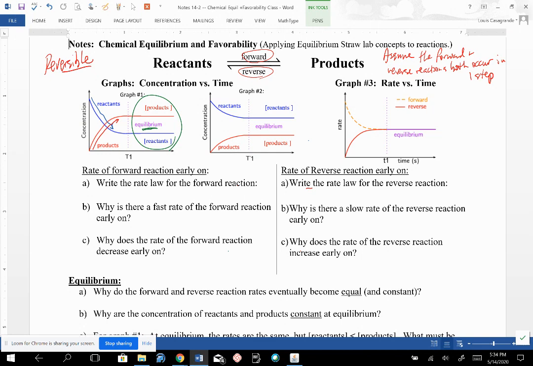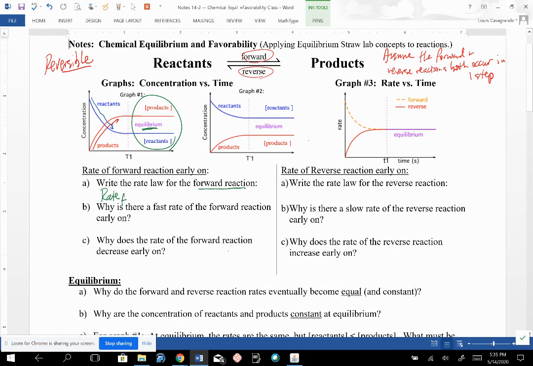So let's see what's happening with the reactions as we're going through this process. So for graph number one, and this works for graph number two as well, the rate law for the forward direction is always, for either reaction, the rate, and I'm going to put a little sub f here.